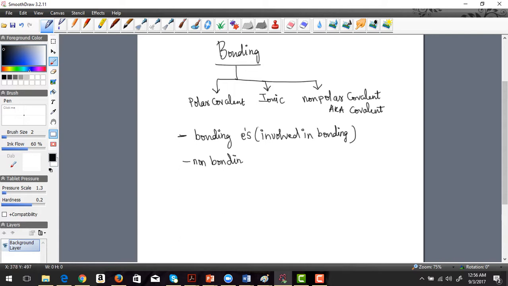Some molecules only have bonding electrons, some molecules have both bonding and non-bonding electrons. These are also known as lone pairs of electrons. I want to get you familiar with this terminology before we go further in the concept.